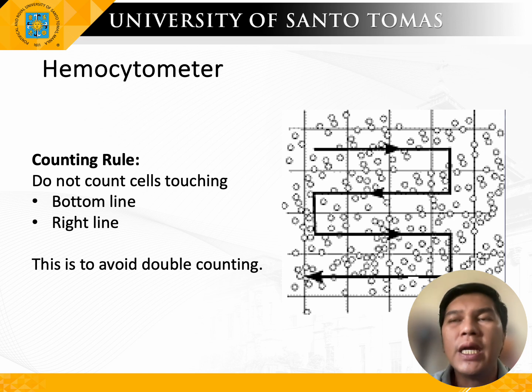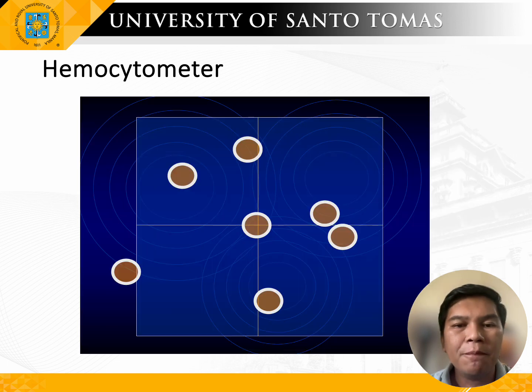And just to be sure that you have not counted the cells yet, you don't count the cells touching the bottom line and the right line. So this is to avoid double counting of cells in your haemocytometer.